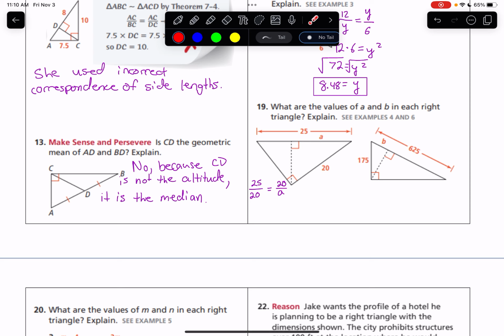And in order to solve this quadratic, I need it to be equal to 0. So I'm going to subtract 144 from each side. And I'm going to get n squared plus 6n minus 135 equals 0. And I'm going to factor that. I'm going to think of two numbers that multiply to negative 135 and add to positive 6.